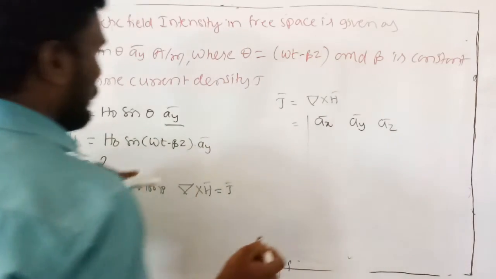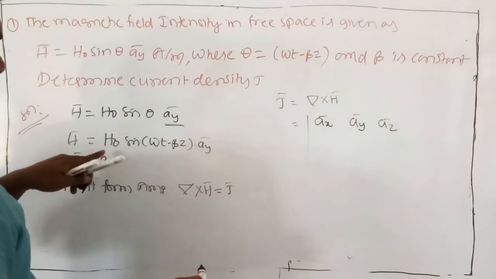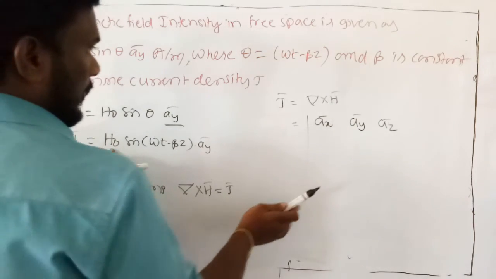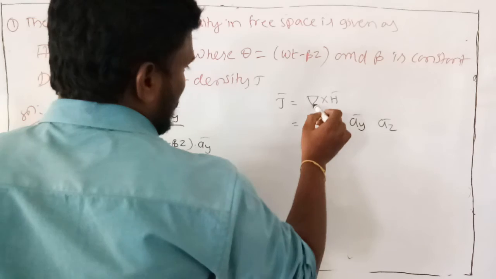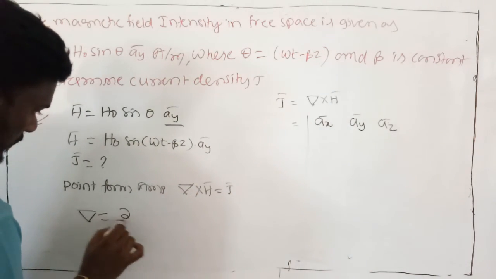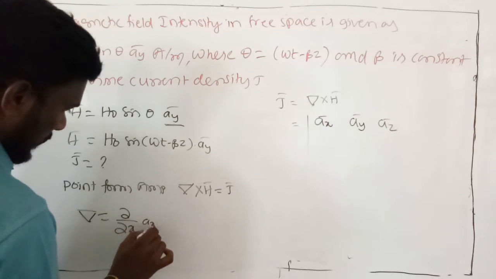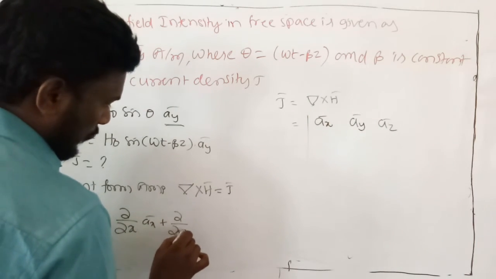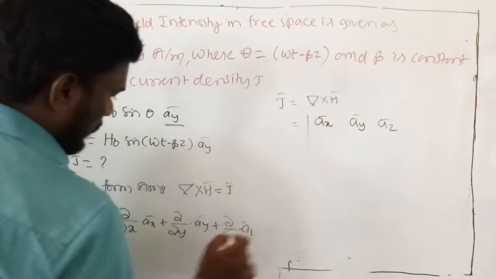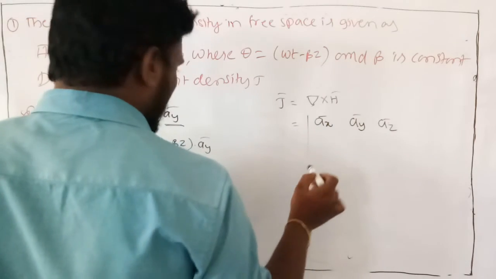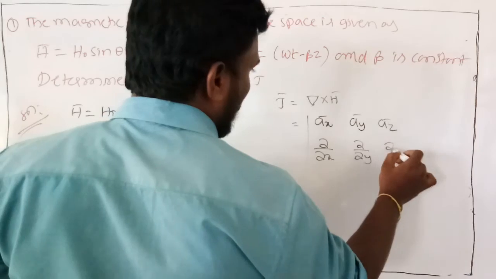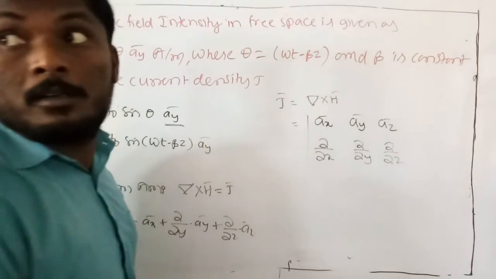The second row is the del operator, defined as dou by dou x AX bar plus dou by dou y AY bar plus dou by dou z AZ bar. So the entries are dou by dou x, dou by dou y, dou by dou z.